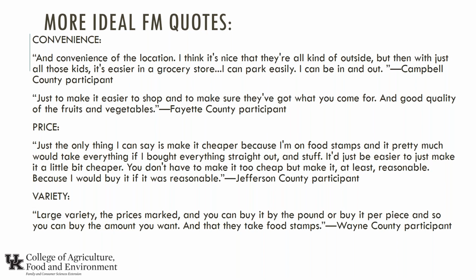If you have a very limited amount of money to spend for your groceries for the week, you can't afford to buy a large amount of one thing because then you don't have enough money for other things that you might need. So being able to buy one or two tomatoes and a cucumber and some lettuce, a little bit separately, is a big help to low-income folks.